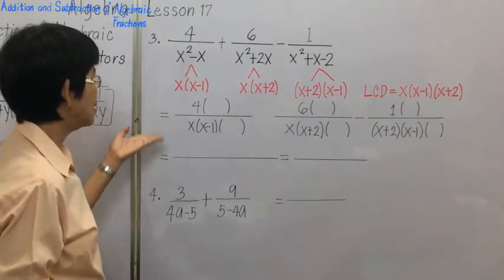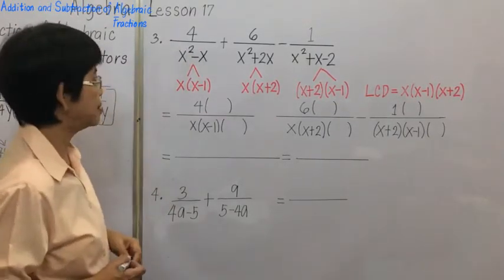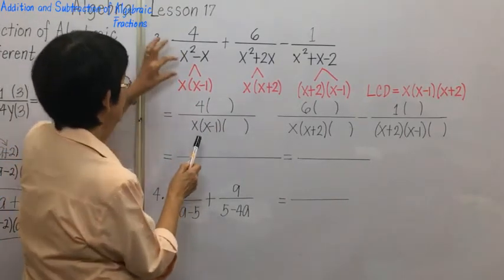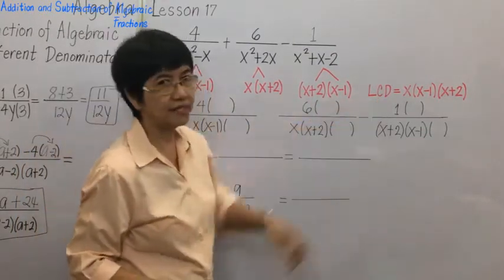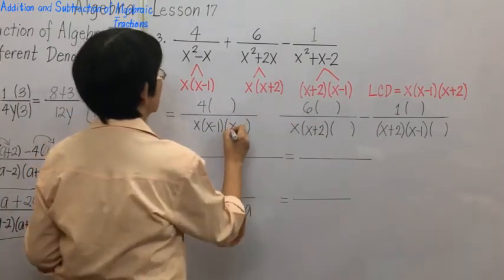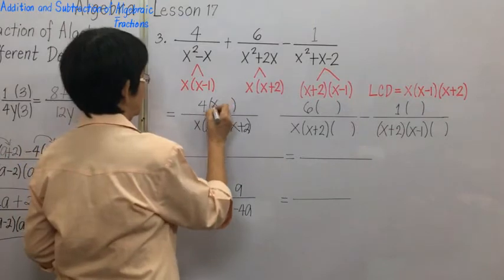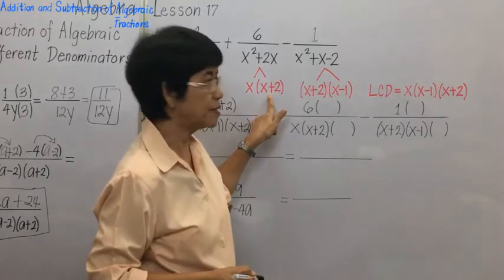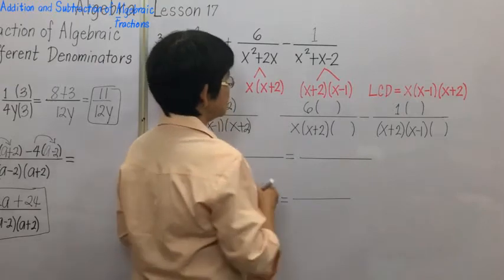So we will write the LCD here, and we will raise the fractions to higher terms. The missing factor is the missing part of the LCD to make these factors complete. So the missing factor is x plus 2, and we write the same in the numerator. And here we have x times x plus 2, and the missing factor to complete the LCD is x minus 1.